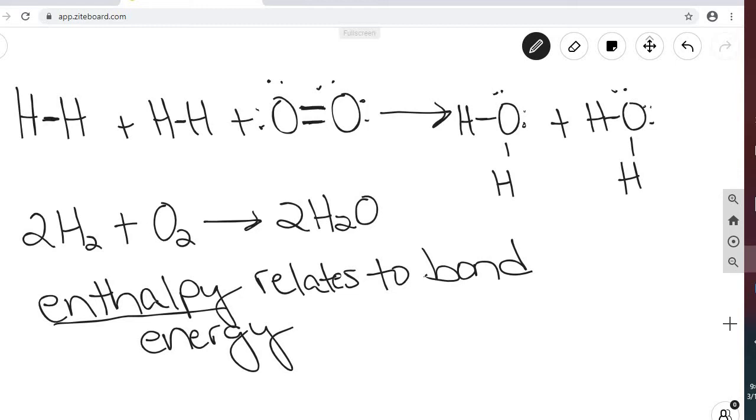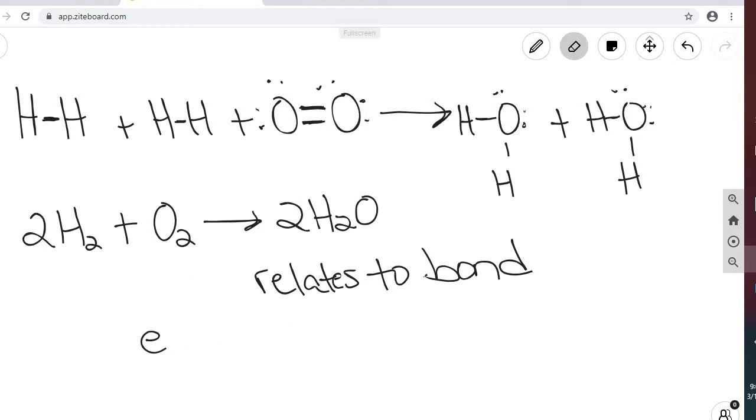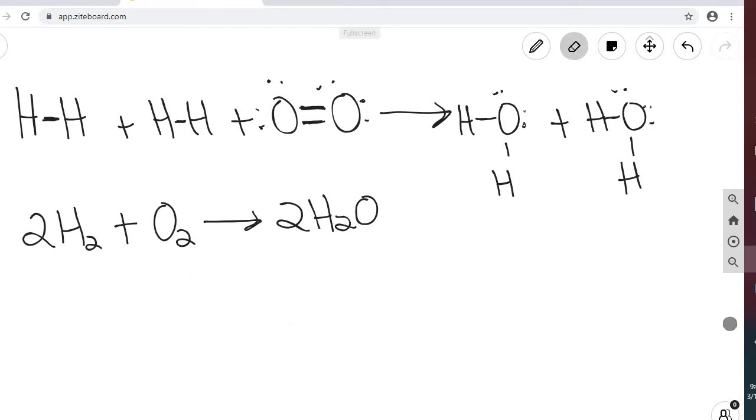So in order for this reaction to proceed, what has to happen? Well, in order for this reaction to happen, we have to pull apart these hydrogen bonds here. And we also have to pull apart these oxygen bonds.